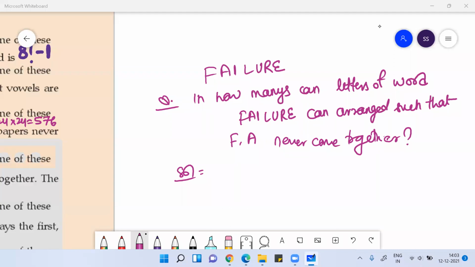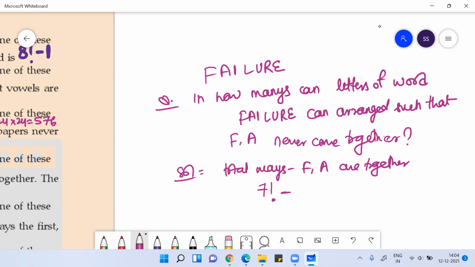F and A never come together means total ways minus the ways F and A are together. You are getting me right? The total number of ways, since none of the letters are repeating, is 7 factorial, minus F and A come together.